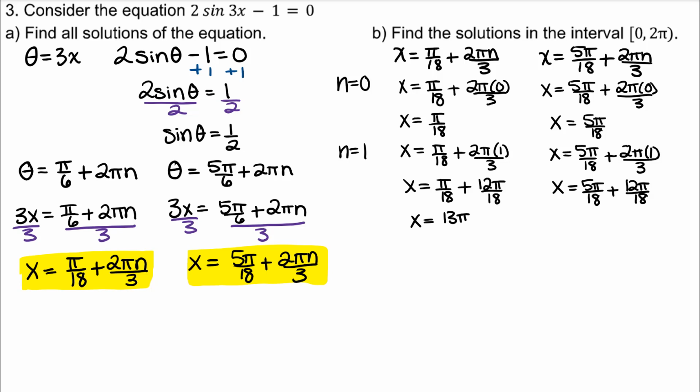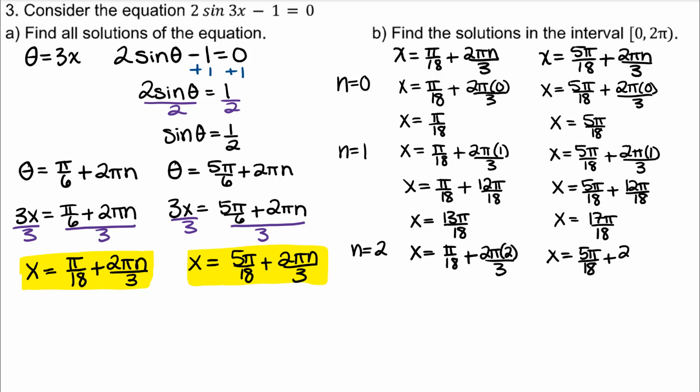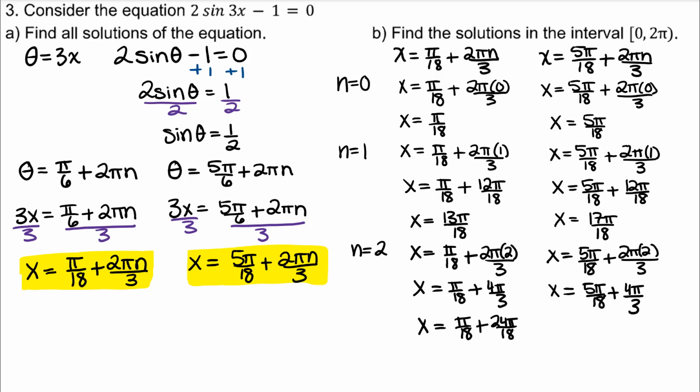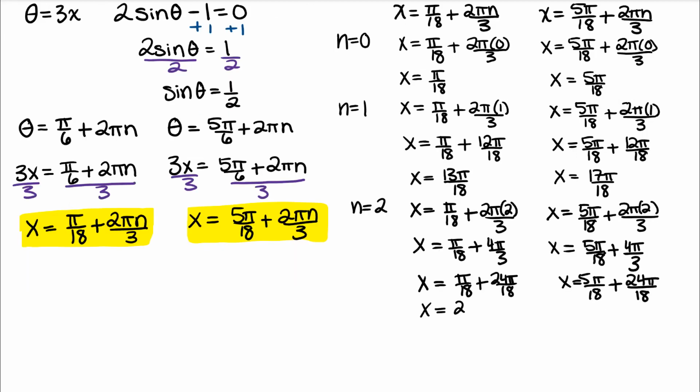X is equal to 13 pi over 18 and 17 pi over 18. When we plug in n equals 2, we get 2 more answers, 25 pi over 18 and 29 pi over 18. Try plugging in n equals 3.